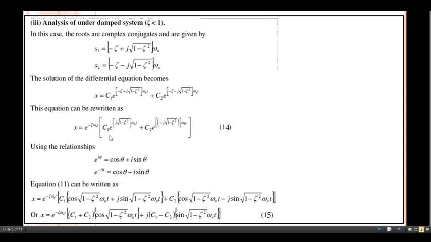Write this term as it is, c1 e raised to j theta. Here j theta means cos of theta, and the theta term is square root of 1 minus zeta square into omega n t. This term indicates the theta term.